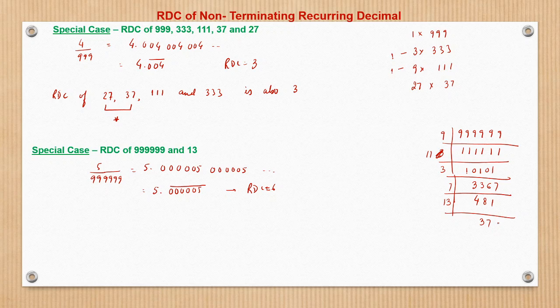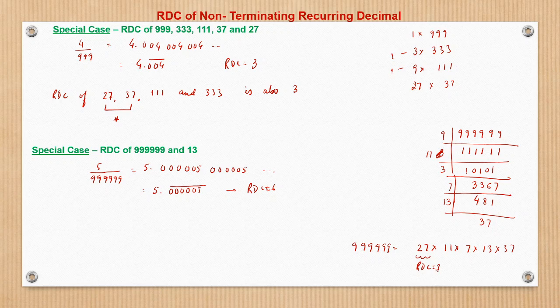So basically now see what the prime numbers here are. 999999 we can write as 27 into 11 into 7 into 13 into 37. From here we know that 27 has an RDC of 3.